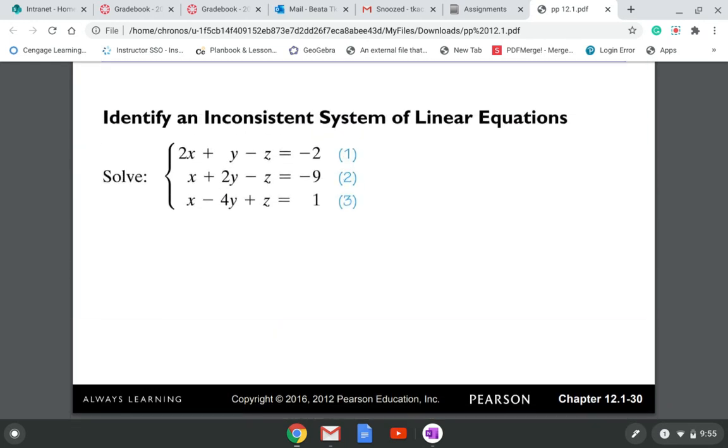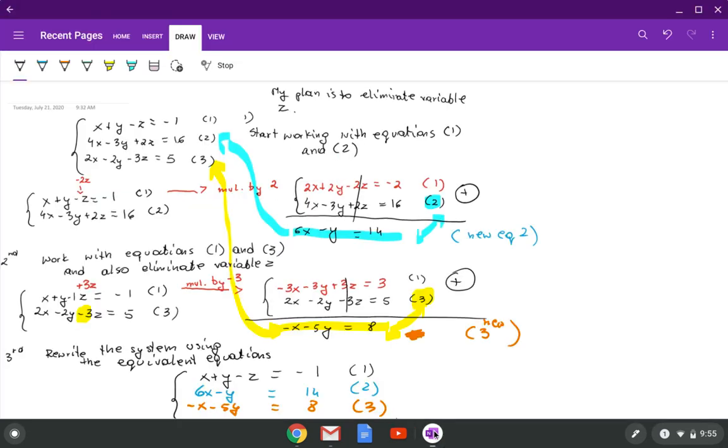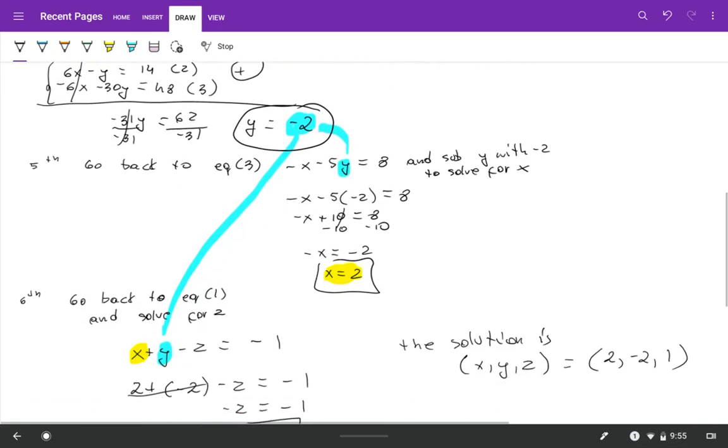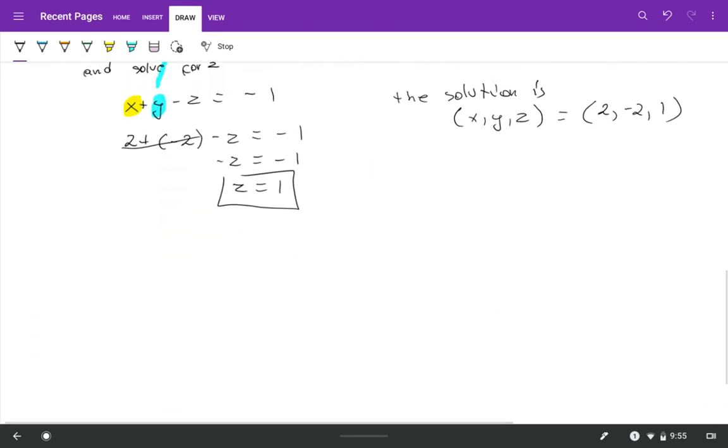I want to slowly go step by step how to solve this system with you guys, and how you're going to know, because this is actually an example of a system which is inconsistent.